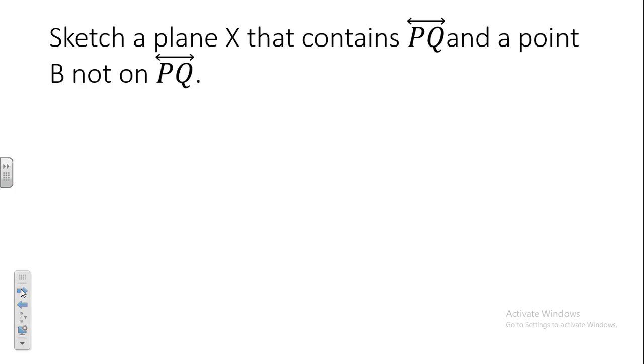Sketch a plane X that contains line PQ and a point B that is not on line PQ. Start with your plane.